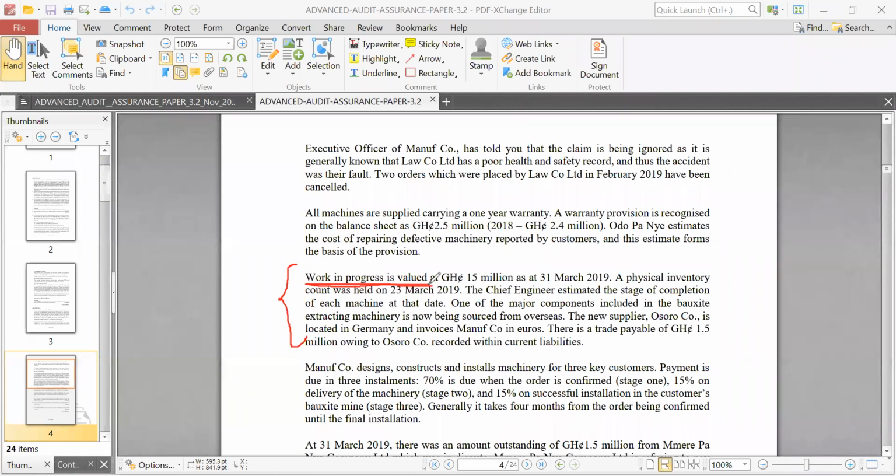There are a lot of things. How is work in progress valued or estimated? How is it going to be estimated? Or how did they come at 15 million?